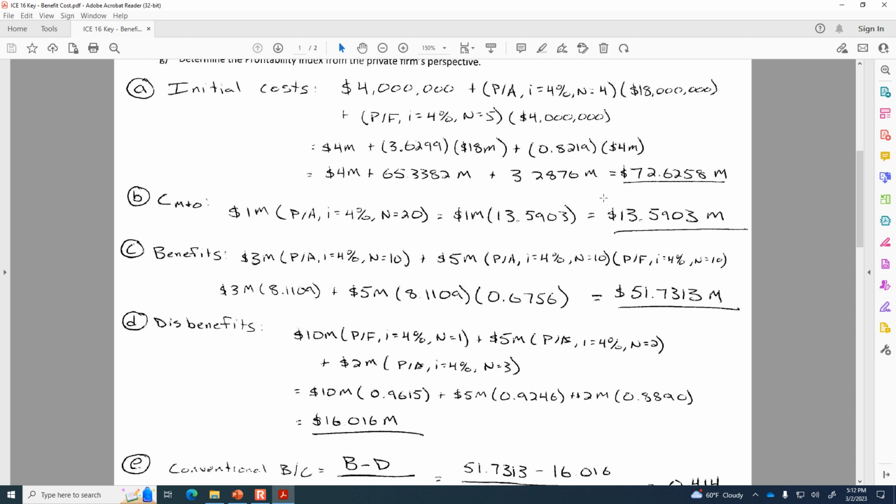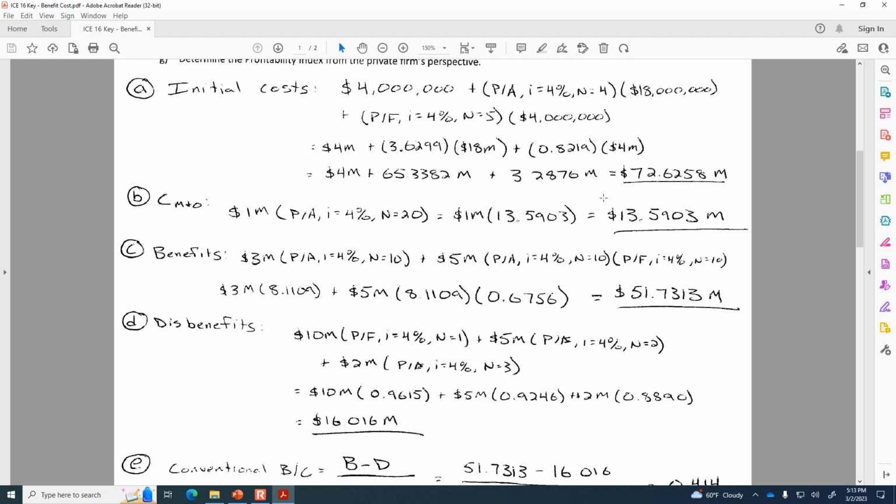I know this is a lot of calculations. What I'll do is I'm going to email you a copy of the, let me bring it up on the screen so that you can see it. Didn't realize that I turned off the screen. So what I'll do is I'm going to email you a copy of this just in case you're still crunching the numbers. Here we are running out of time, but I'll email you the solution of this.